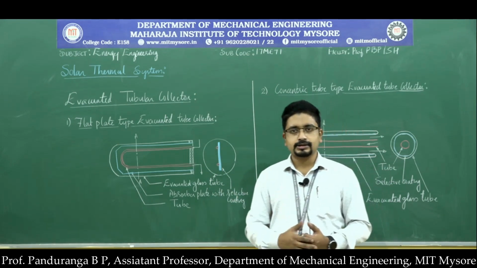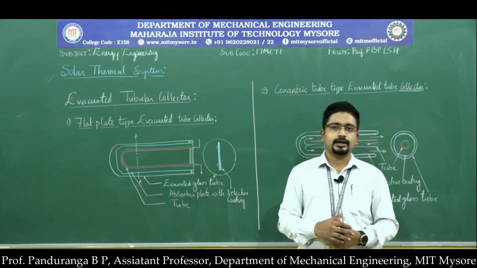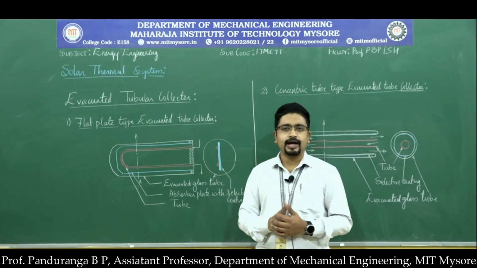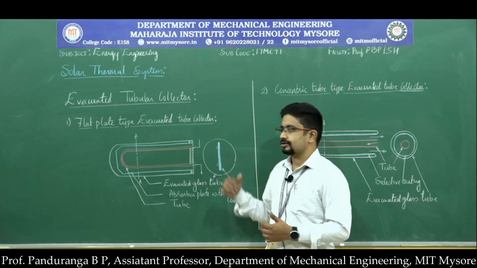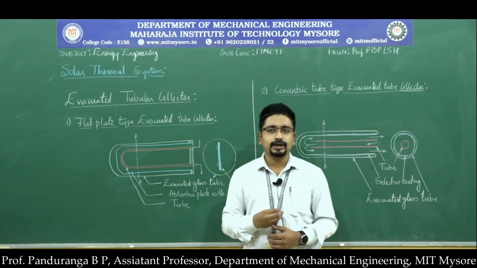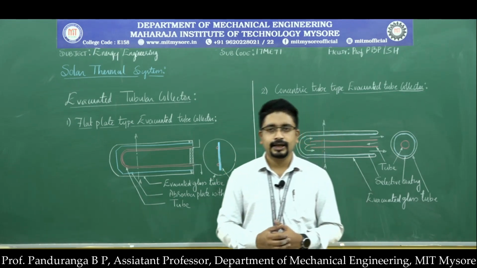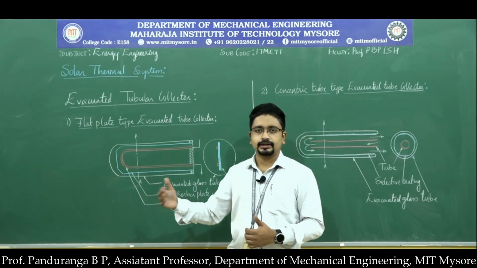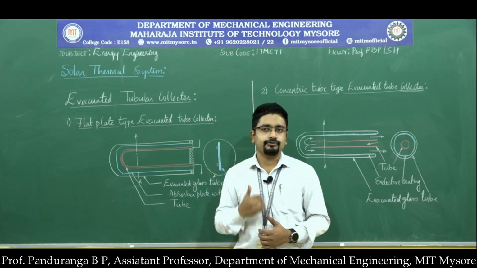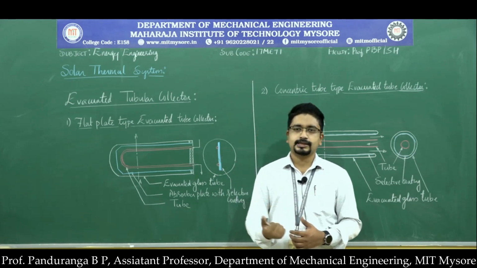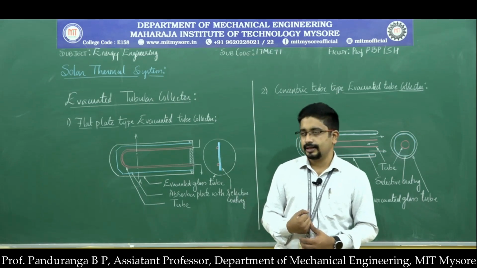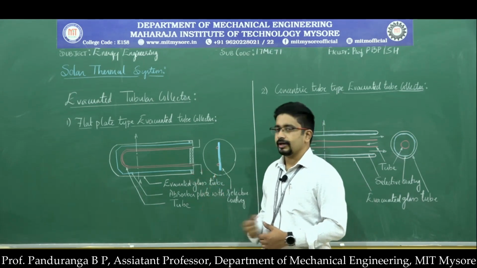On a cloudy day also, if there is sufficient heat energy coming in, these evacuated tube collectors will be able to heat water to a greater extent when compared to a flat plate collector. A flat plate collector needs direct sunlight falling on it because its losses are more and the efficiency of conversion is less. So this is one arrangement.